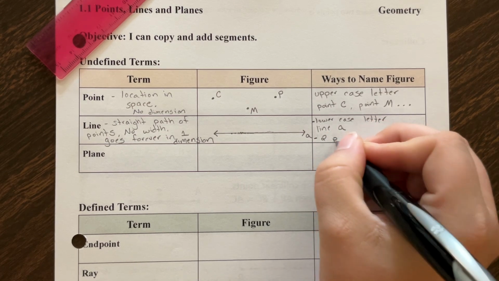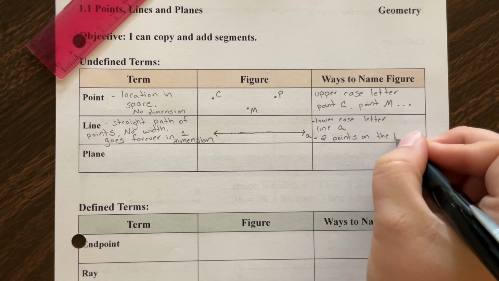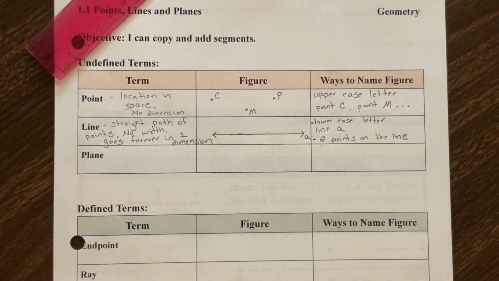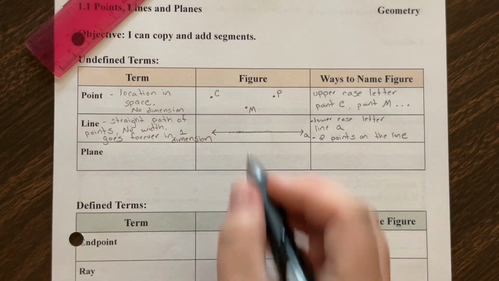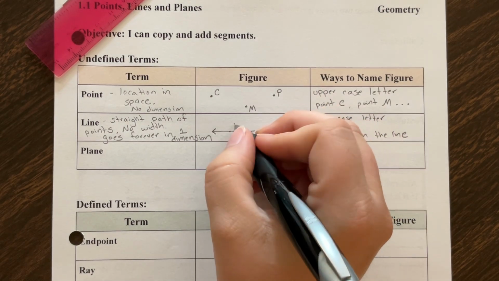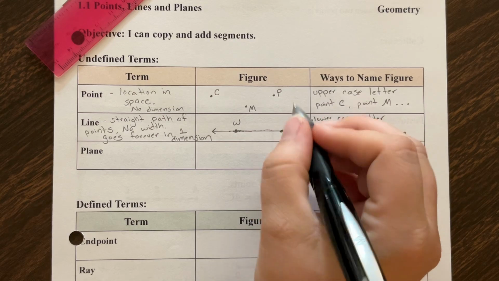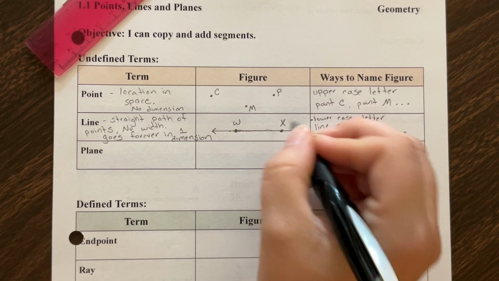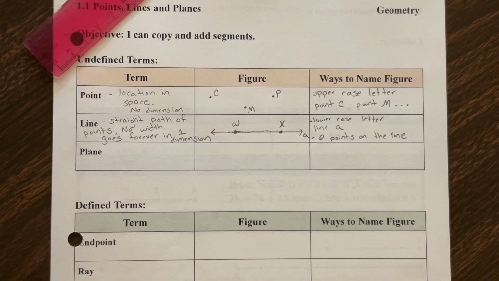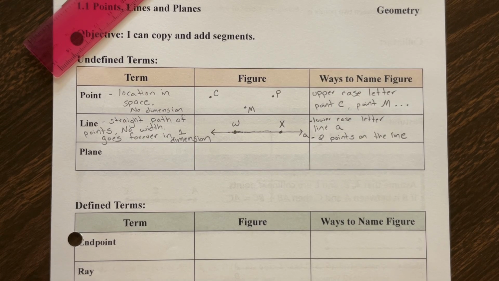Another way of naming it is with 2 points on the line. So basically, we need to know the name of 2 points on the line. So let's say this point here is point W, and this point here is point X. There is an infinite number of points on this line. We only know the name of 2 of them right now.